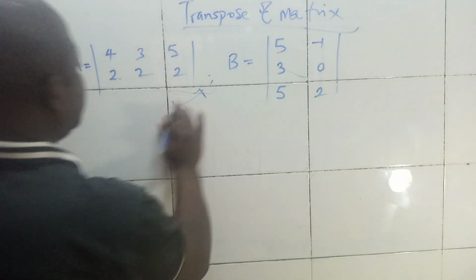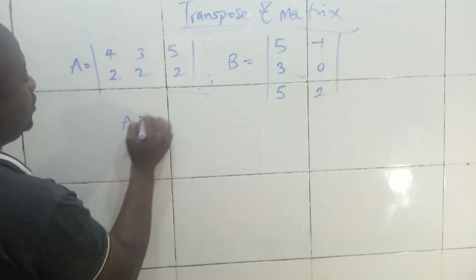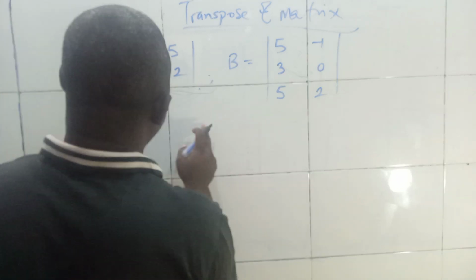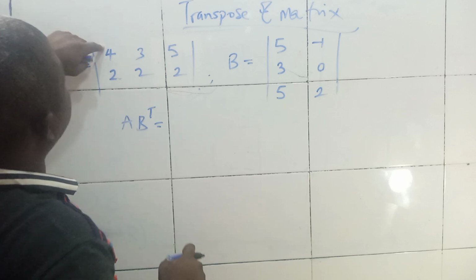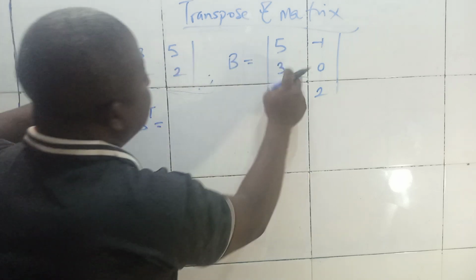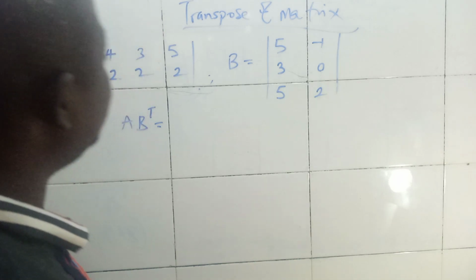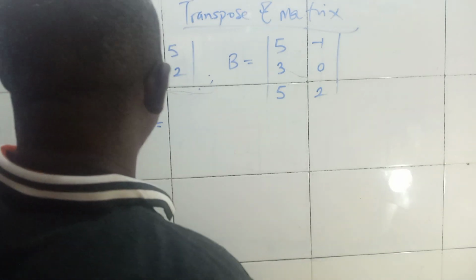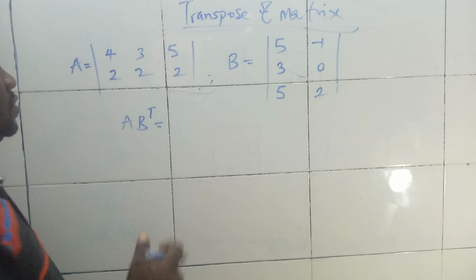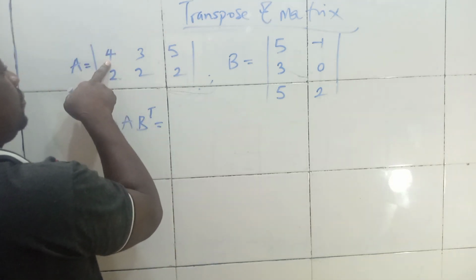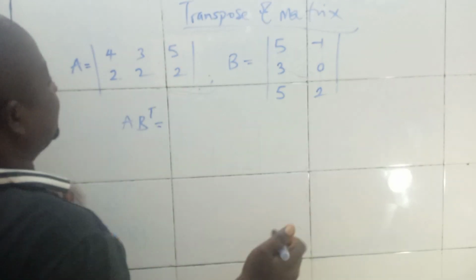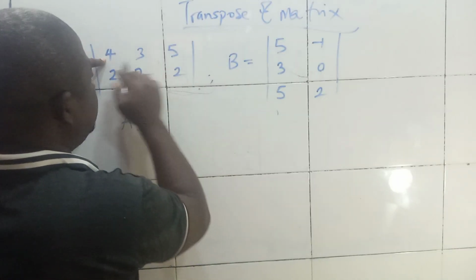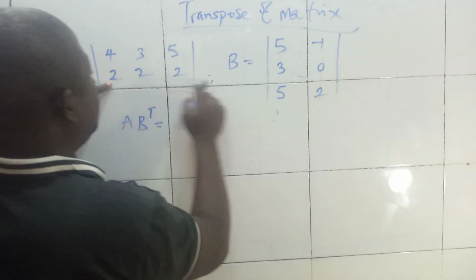So sorry, AB transpose now. AB transpose is equal to, first find the product of A and B. So what is A? A is 4, 3. So you first of all multiply this by this. Don't forget how to do our multiplication, the one that we have just taught. This is one row by the column, another row by the column.